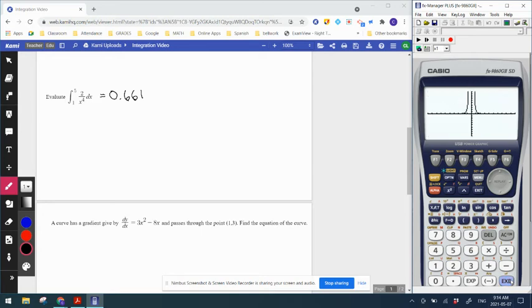Execute and draw. I'm going to zoom in a little bit so we can see the parts we want, because we only want between 1 and 5. I'm going to zoom in a little over on this side and execute. Again, I can't really see much, so if you don't like to zoom in, you can also go V window.